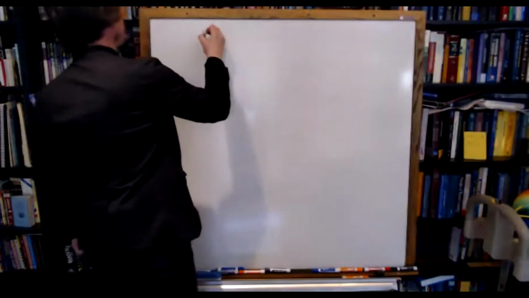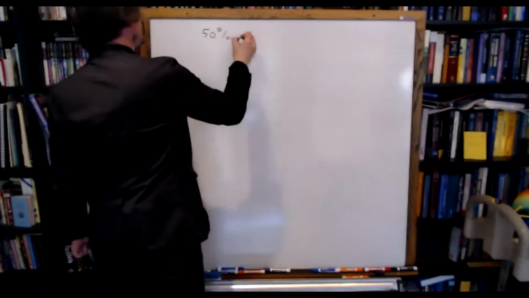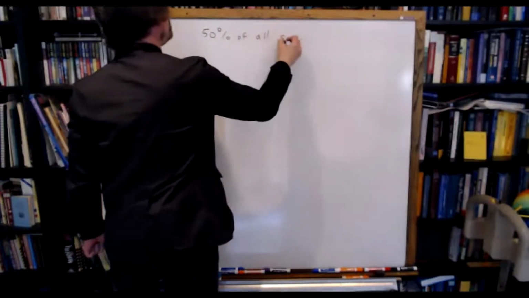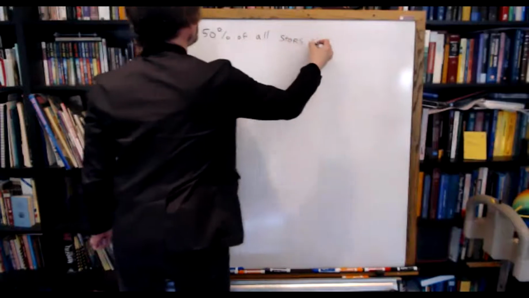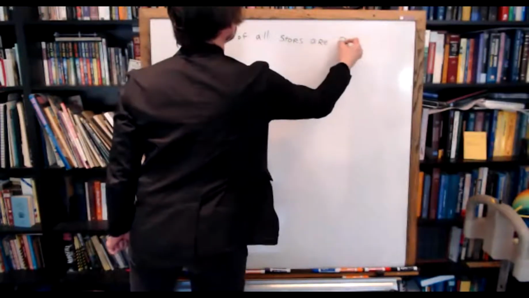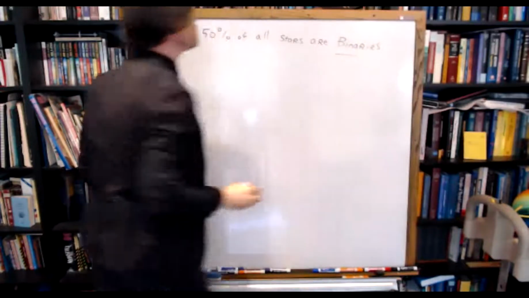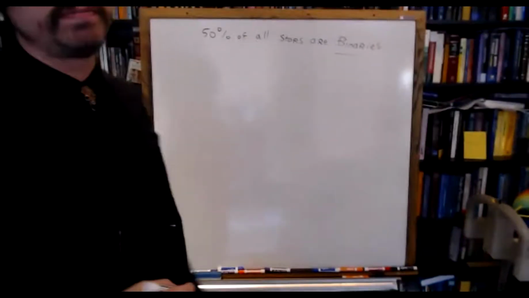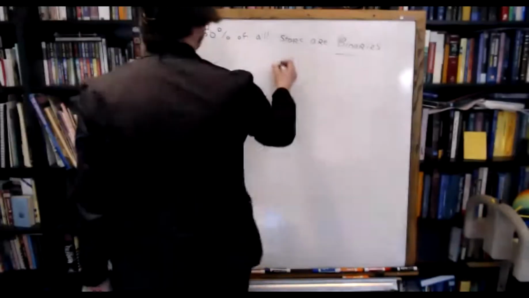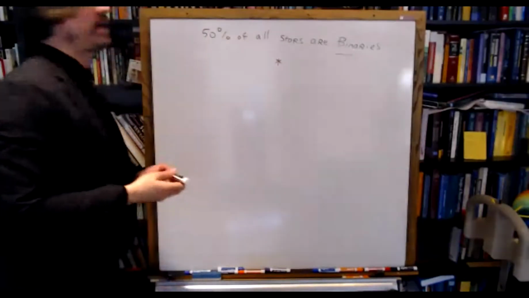As I will eventually talk about in this class, 50% of all stars that you see in the sky are binaries. The reason why you don't know that they're binaries is because most binary star systems are unresolved, and they appear just as a single spot of light.